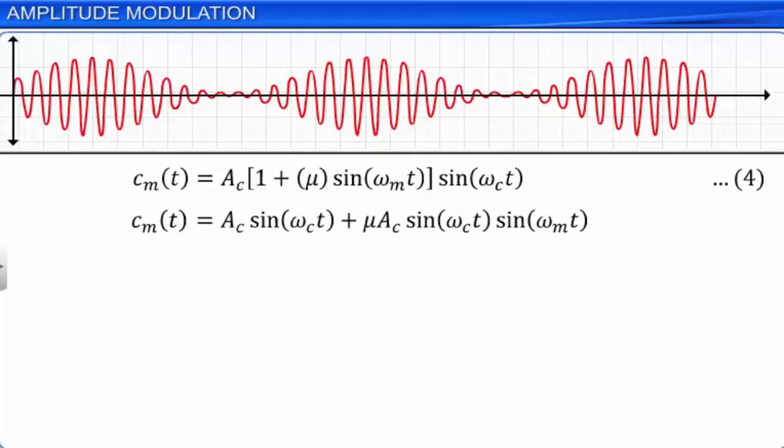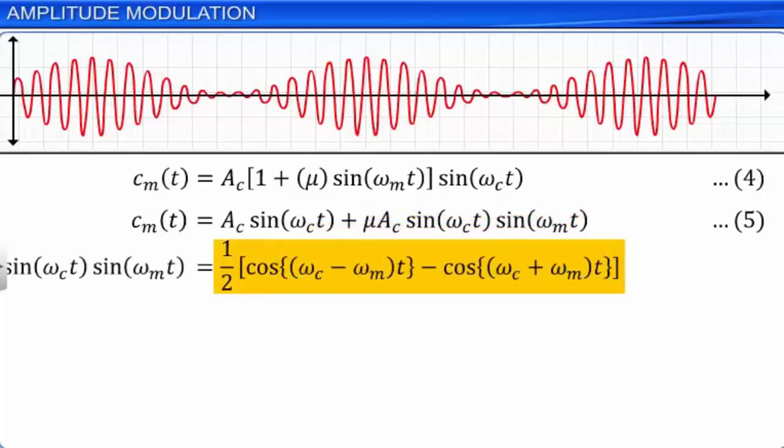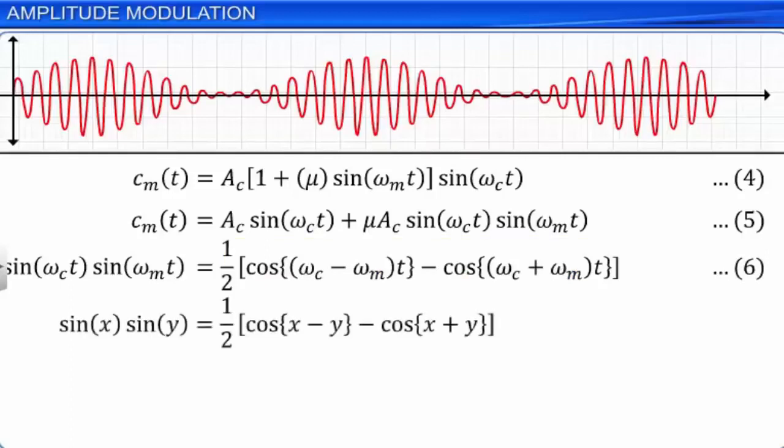The expression sin omega c t into sin omega m t in equation 5 can be rewritten as half of cos (omega c minus omega m) t minus cos (omega c plus omega m) t. Let this be equation 6. Here we use the identity sin x into sin y is equal to half of cos (x minus y) minus cos (x plus y) from trigonometric transformations.